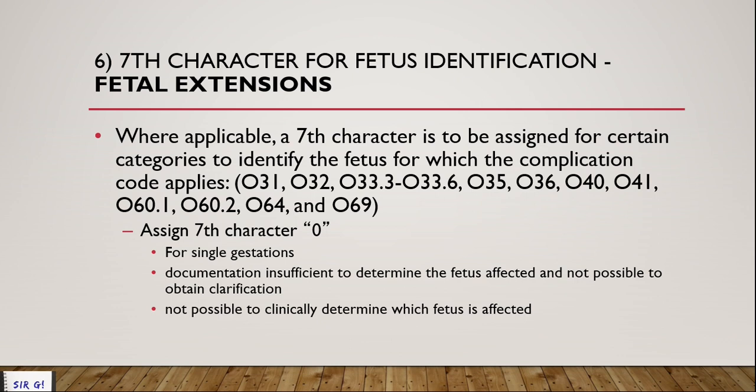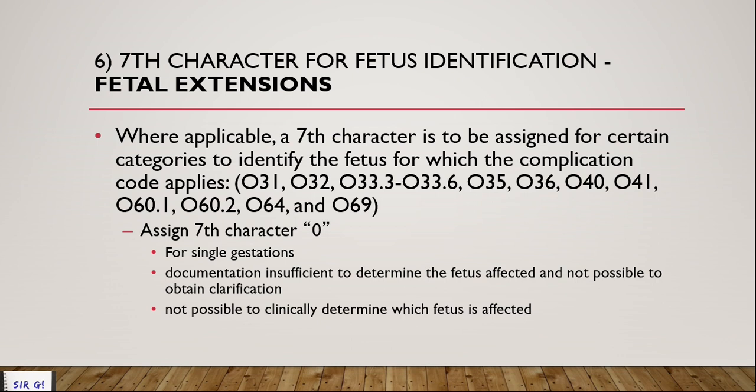Like if the patient's having a pregnancy of twins, triplets, quadruplets, like that. Okay, anything that is more than one, it's a multiple gestation. Now, these fetal extensions are very important because sometimes the condition is related to baby 1, not baby 2, just to identify the baby who's suffering some conditions.